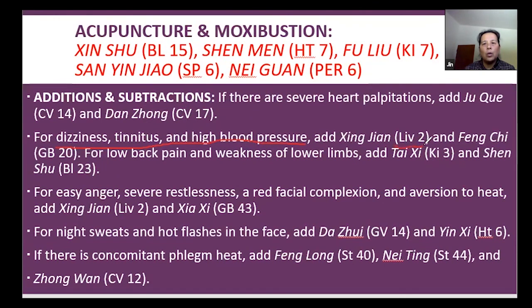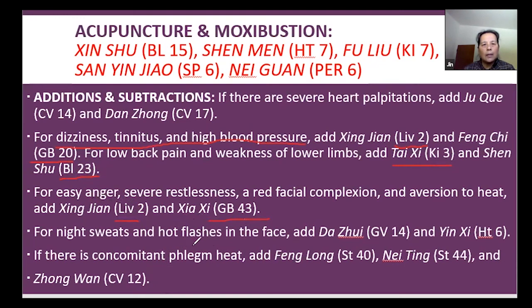So Liver 2 is pretty good for clearing heat. And also Gallbladder 20, for internal wind and external wind, can be used. For lower back pain, we need to nourish the kidney, so the yuan source point of kidney, Kidney 3, and the back shu point of the kidney, Bladder 23. Easily angry is still a liver issue, so clear heat from the liver and the gallbladder.